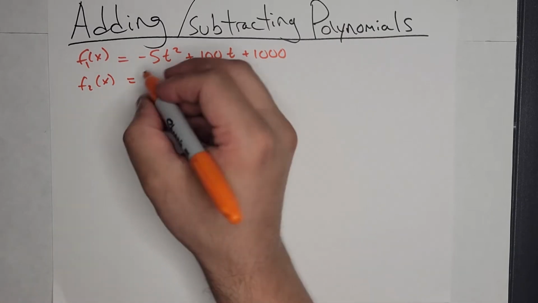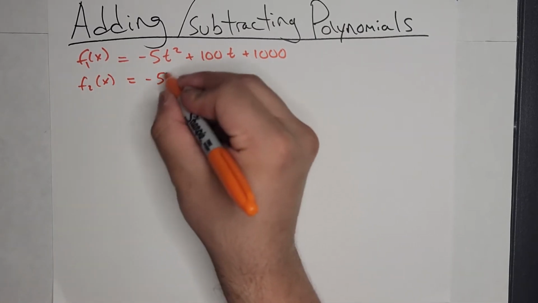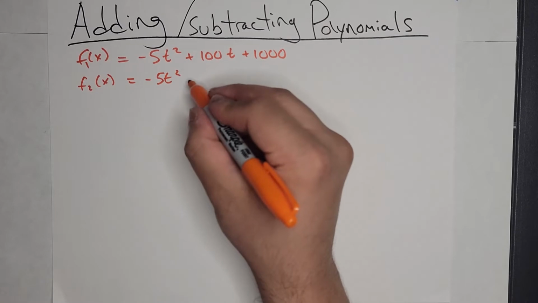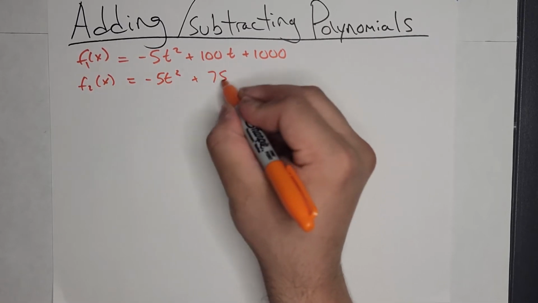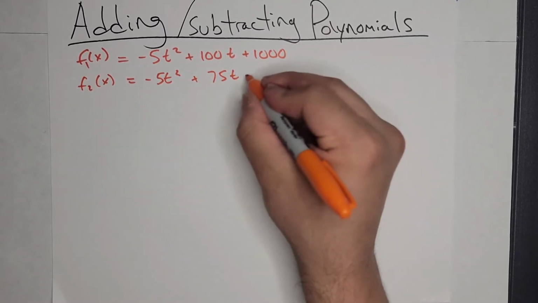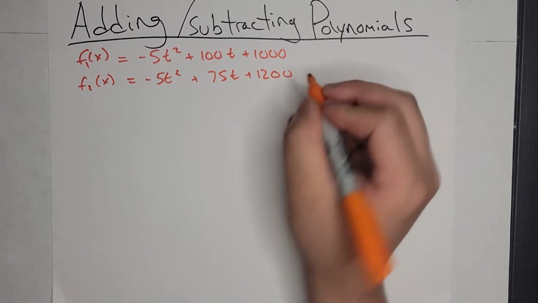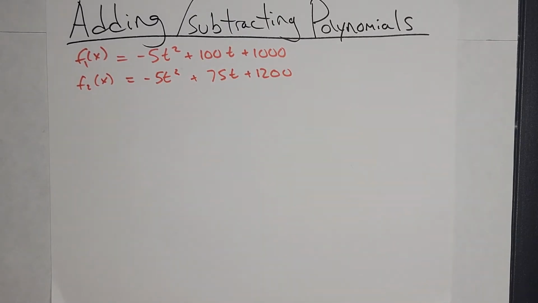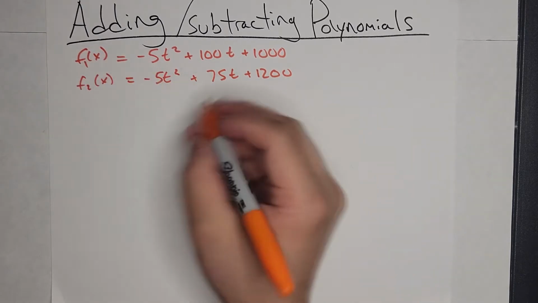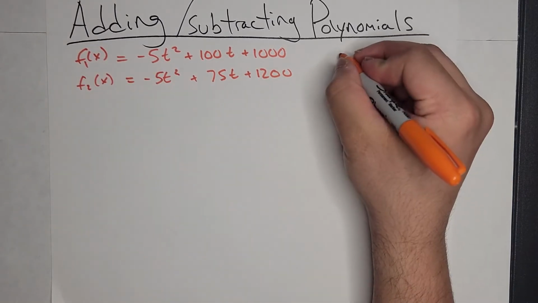Another function, and this one is negative 5t squared plus 75t plus 1200. And say we find the difference between these two. Say we want to do this.